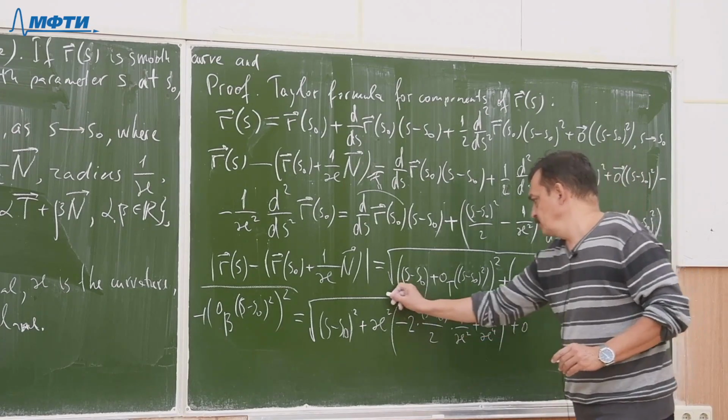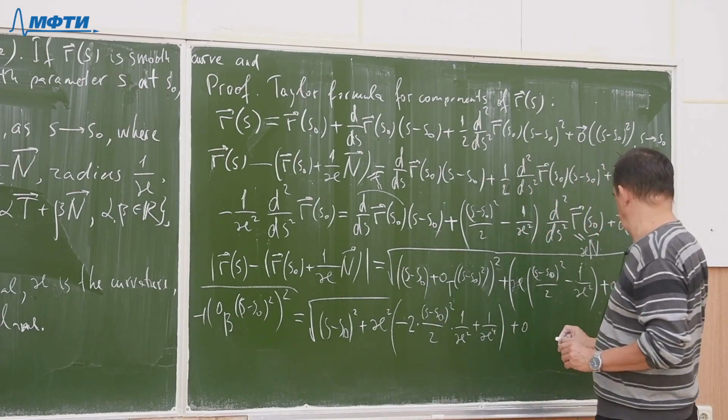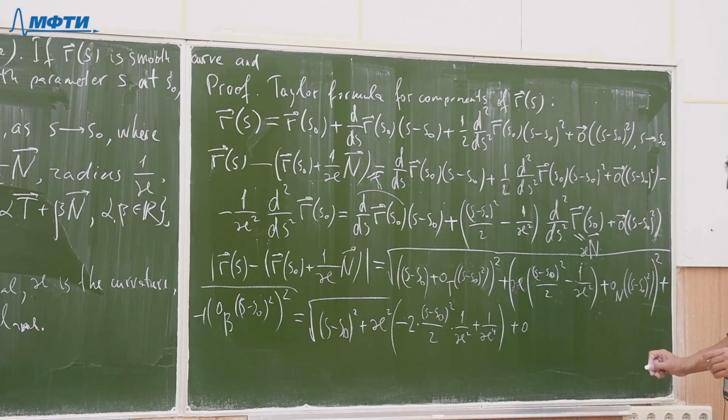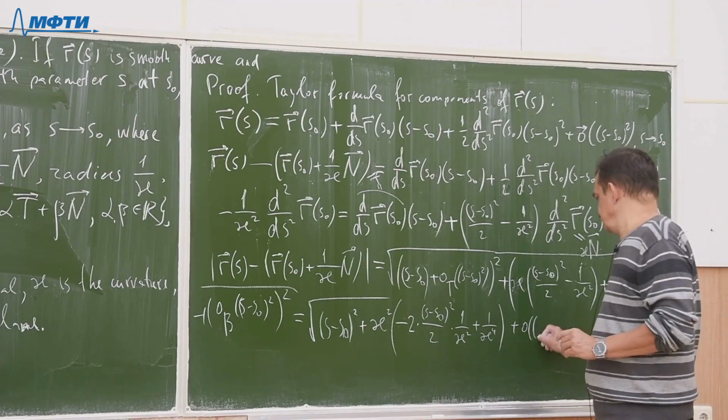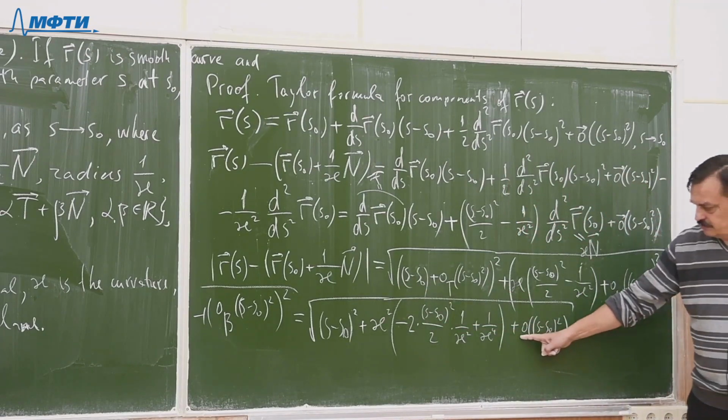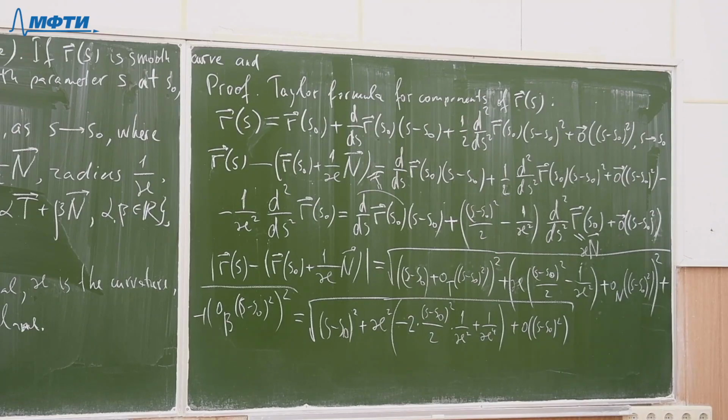Plus little o of which powers? Yeah, of s minus s naught squared. So now this is not a vector, right? I collect all those little o.